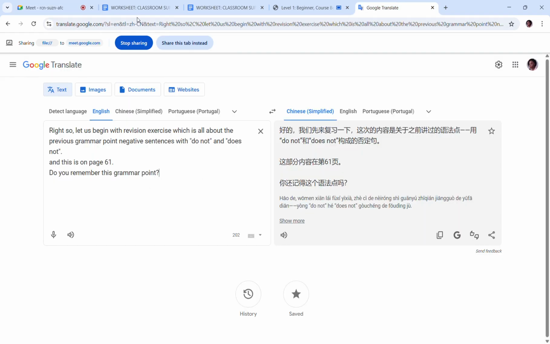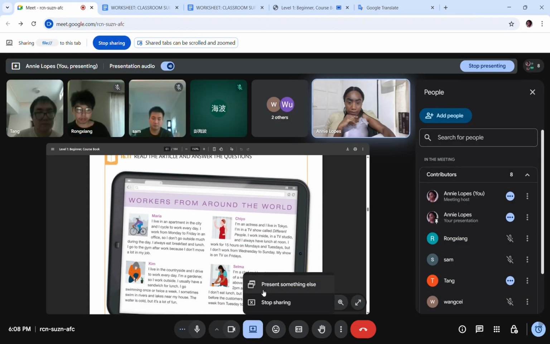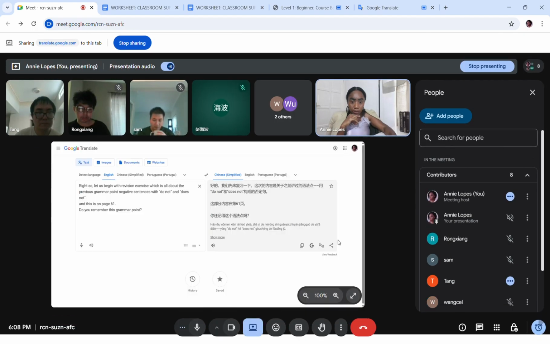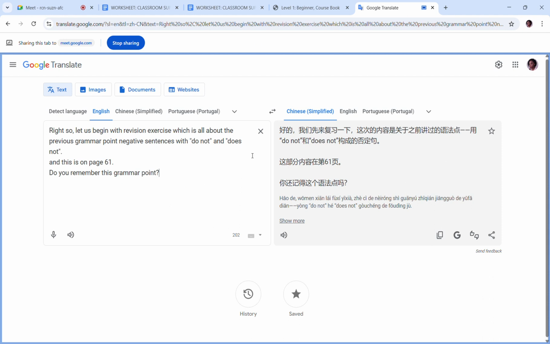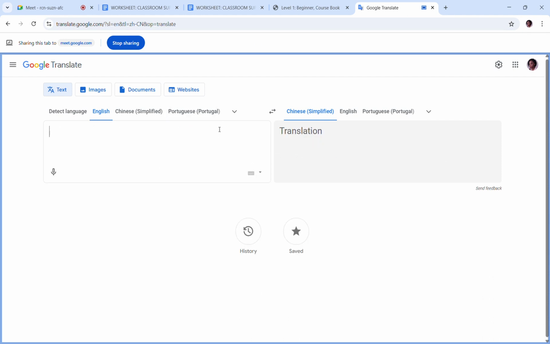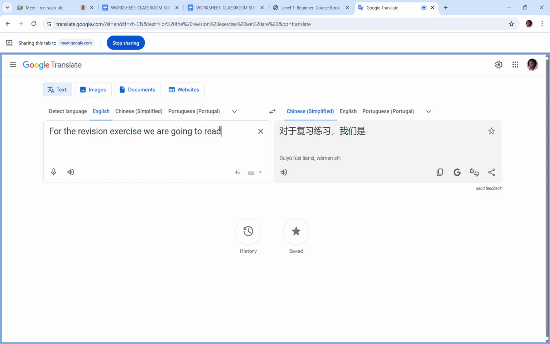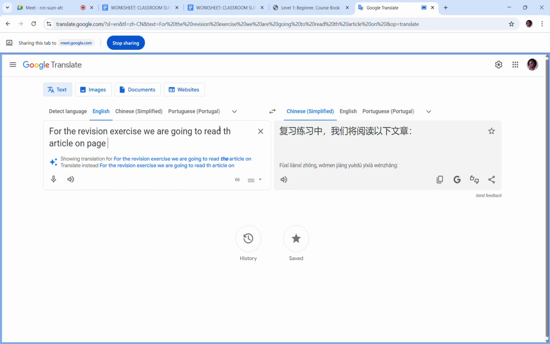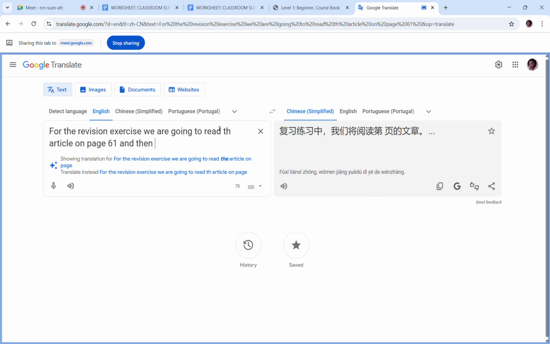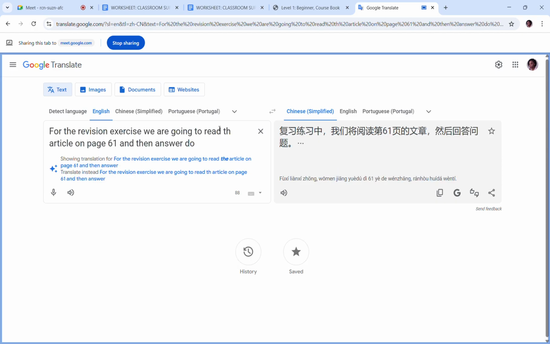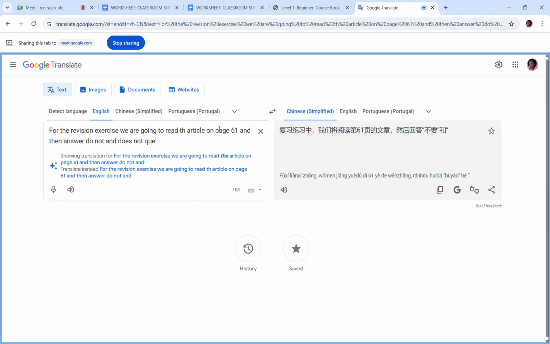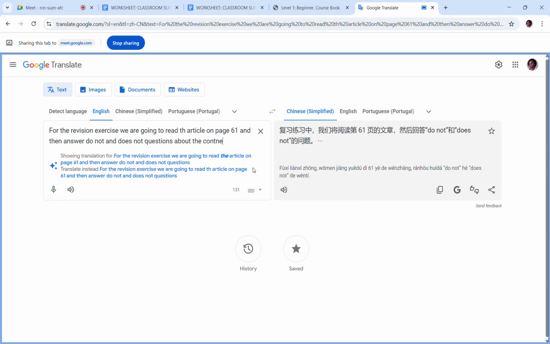For the revision exercise, we are going to read the article, and then we are going to answer do not and does not questions about the content, on page 61. Do you follow?